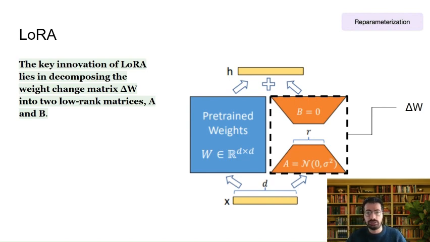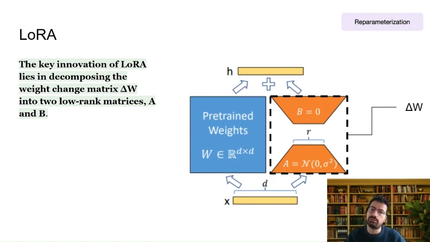And then the output of these two, so X multiplied by W and X multiplied by A and B, you add them up, and that's what gives you the output of the model. So basically what this is showing is that all the training is happening in A and B. We've reduced the number of parameters, and only A and B get trained. The original pre-trained parameters W are frozen, they stay the same, and you always have access to them.